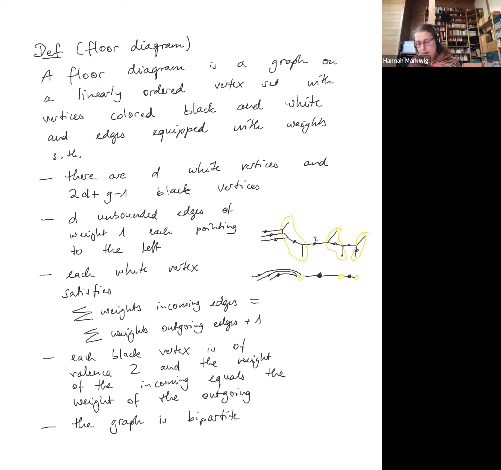And the reason is that, so what would it mean if I had two white vertices which are connected by an edge? In my picture of the tropical curve, it would mean, so here's some floor, and here's some other floor, and there's an elevator edge that does not have a point on it, right?